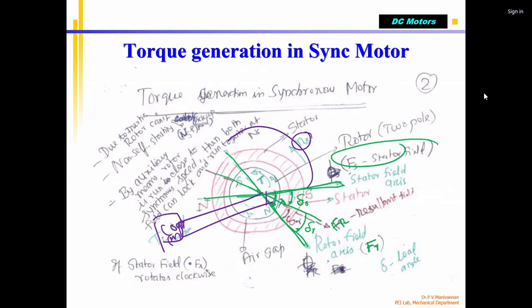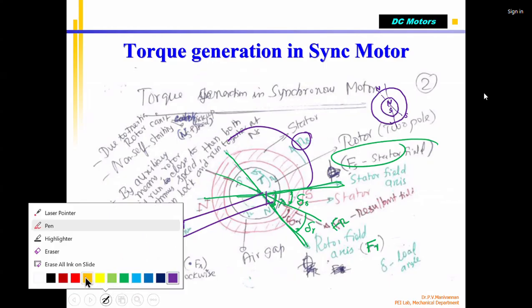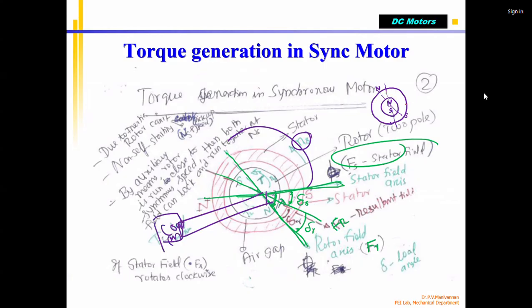Correct? So if I see the magnetic flux generated by the north and south poles, this is the rotor. This is my stator. Correct? In the stator there is a north pole, this is the south pole. And if you see here, between these two, the magnetic flux generated is attracted by this. This should be the south pole, this should be the north pole.